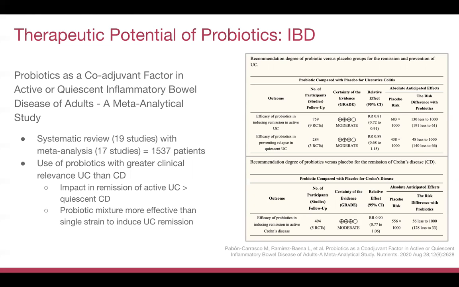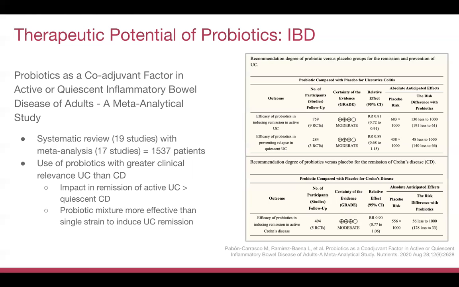Strains from the bifidobacterium family were used next highest in about 58%. And about 20% of studies showed use of something called the De Simone formulation, a probiotic formerly known as VSL#3.